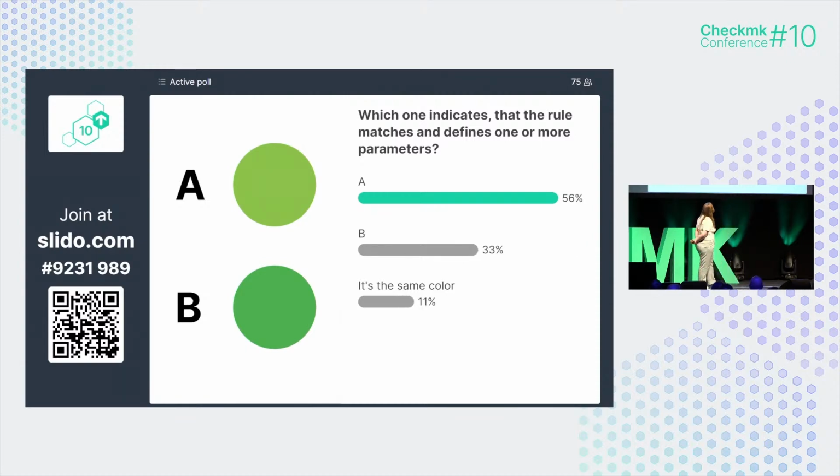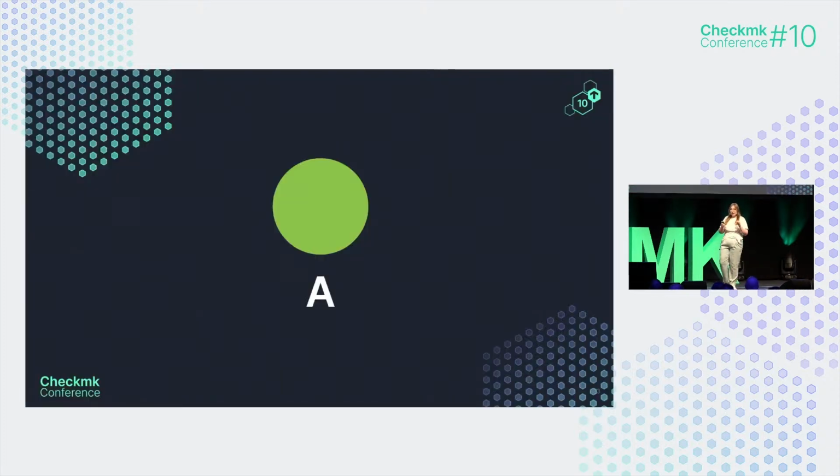Give you some time. Maybe it is the same color. Who knows? I might be tricking you, just for the fun of it. So, we are around 60% for A, so you're a little bit sure, but not entirely. And yes, the 60% of you are in fact right. It is circle A that indicates that the rule matches and defines one or more parameters.